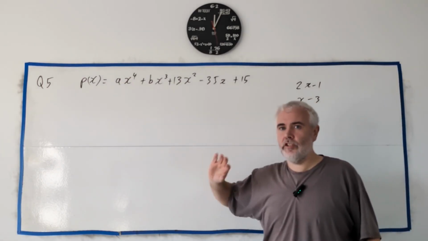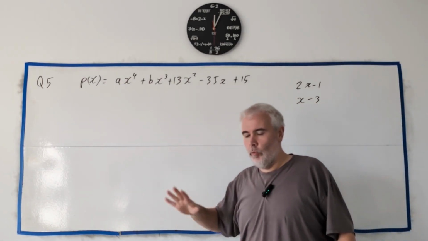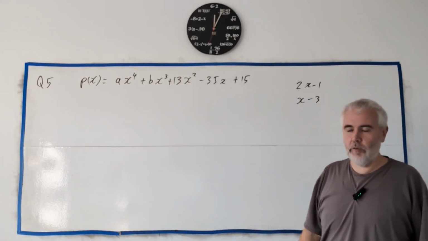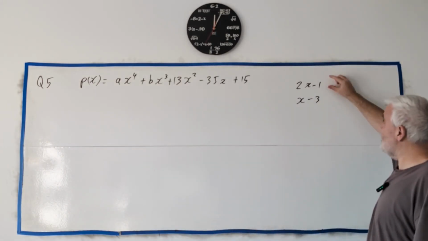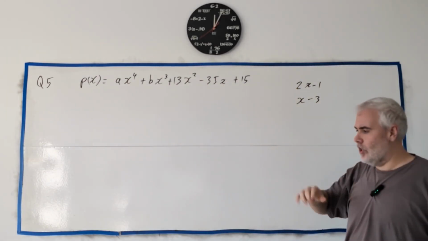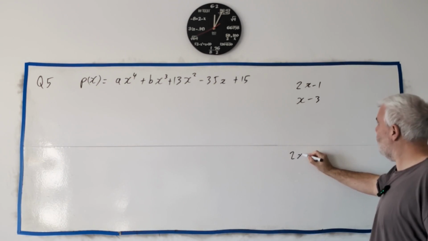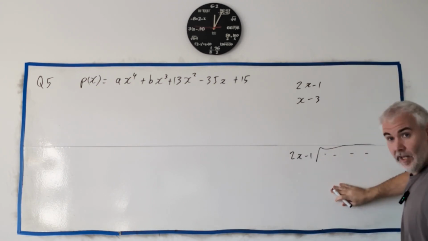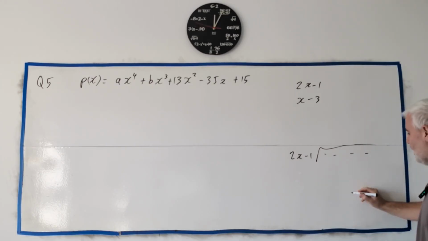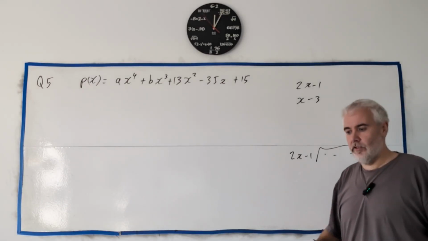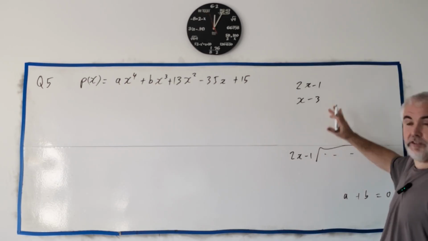Now, there's two ways to do this question. I tend to show one way that's a little easier, but I like to mention the other way because it's one of my favorite ways to do it. What you could do is divide each of these into this. Hopefully you remember how to do long division of algebra. You'd get a longish mess, and at the end you'd have something A plus something B, and you know it equals 0 because there's no remainder if it's a factor.